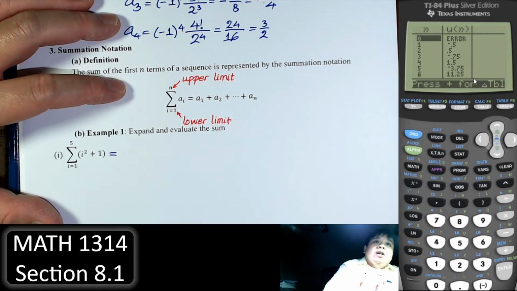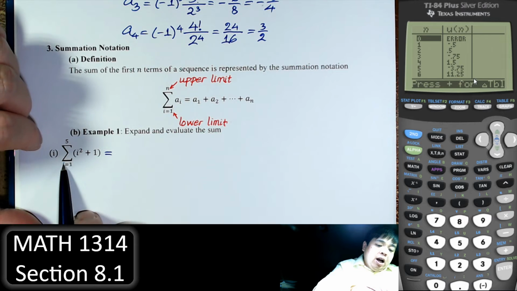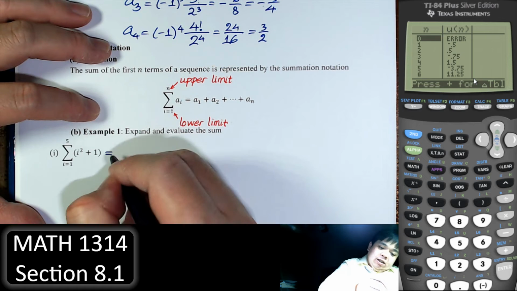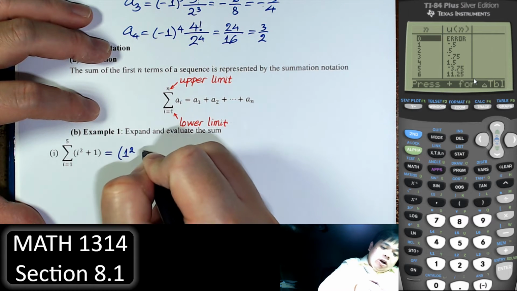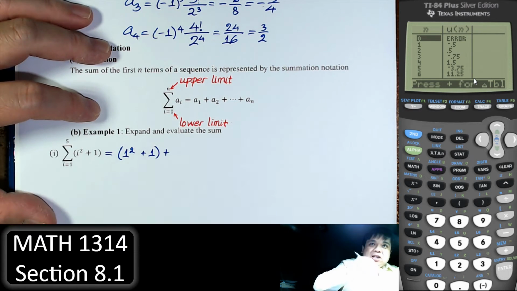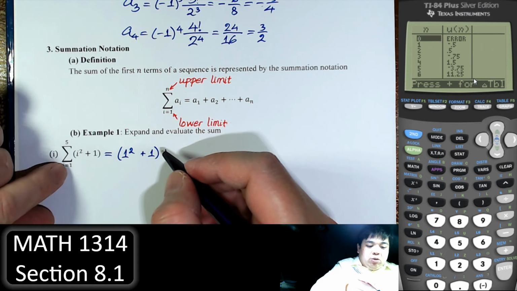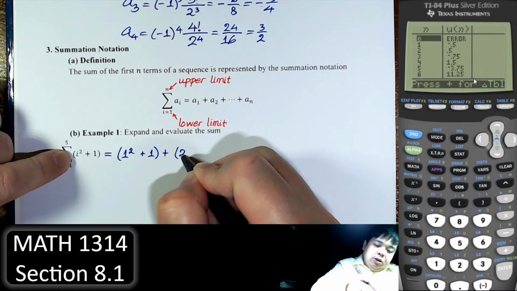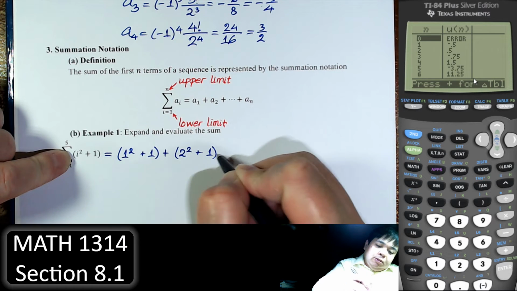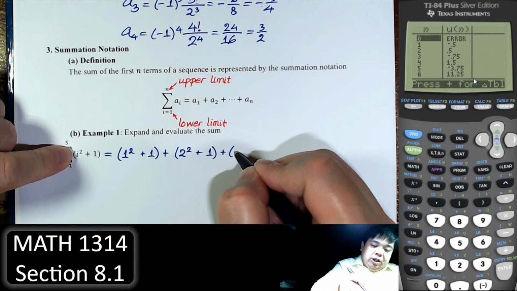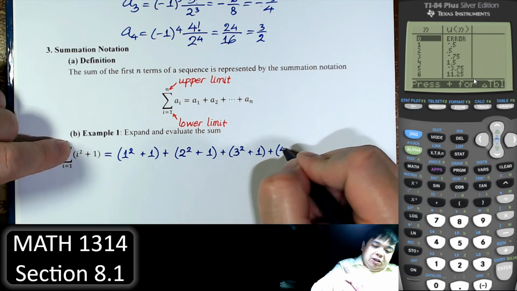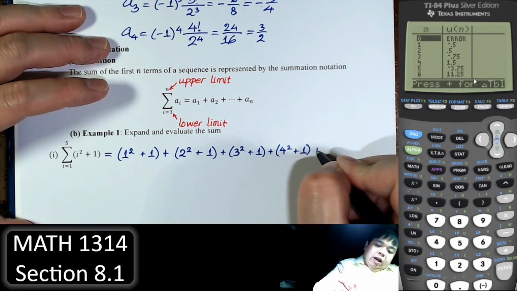So for this one, pretty much what we'll do, start from the lower limit, which is 1, put 1 in there: 1 squared plus 1, right? Then increase that value by 1. So originally i is equal to 1, now i is equal to 2, and then i equal to 3, i equal to 4, and i equal to 5.